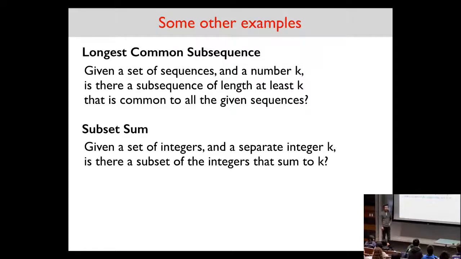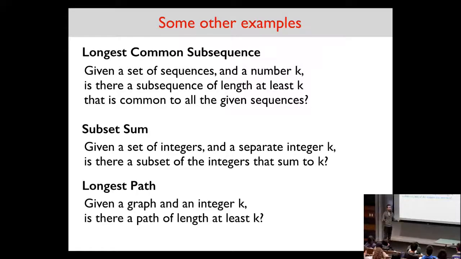Subset sum problem, which I think I mentioned earlier in the course: given a set of integers and a separate integer k, is there a subset of these integers that sum to k? NP-complete. I'm giving you these examples so that you can appreciate the wide variety of NP-complete problems. They don't all look like each other. They look totally different, but they're all NP-complete.